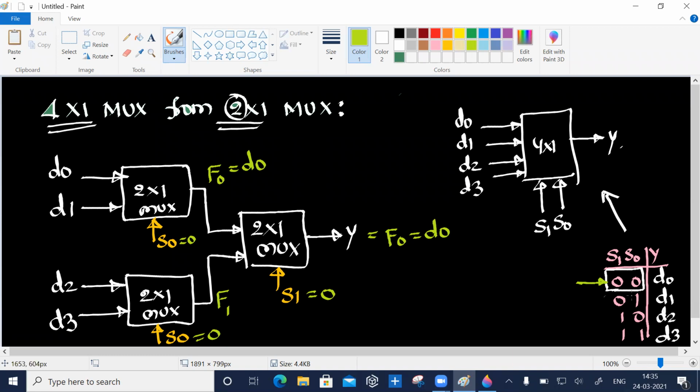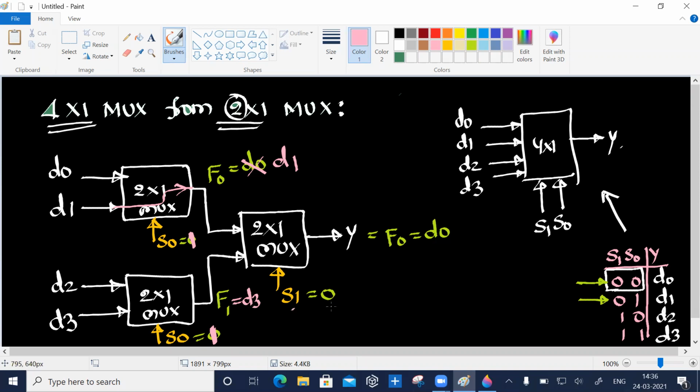Now what I'll do here, I'll go for the second one. If S1 equal to 0 and S0 equal to 1, now I will take S0 as 1. If I take S0 as 1, what do I get here now? D1, because S0 equal to 1, this input is given to the output. So this is D1. This is 1, so what is F1 here?